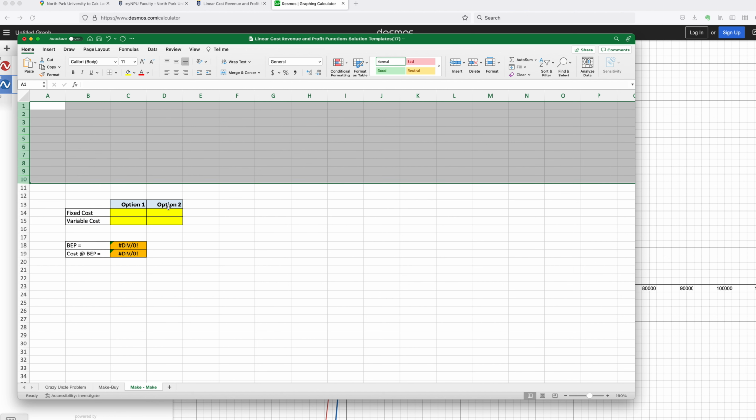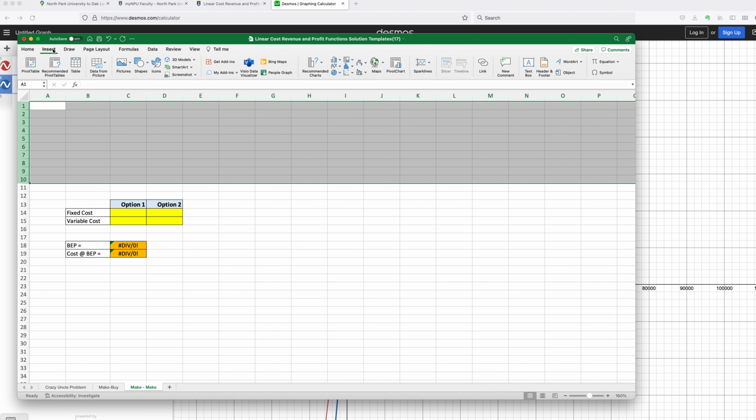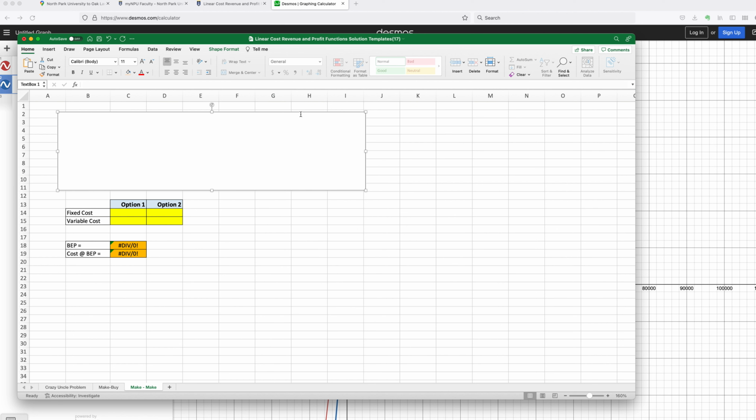All right, there we go. So we have our options, fixed costs, variable costs, all of this. So let me add a text box here. Insert, text box. There's my text box.